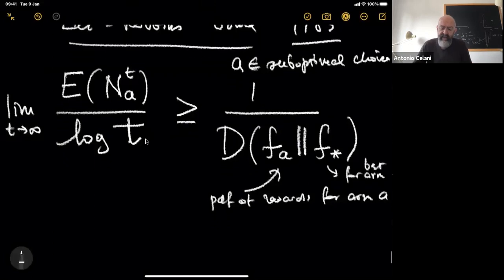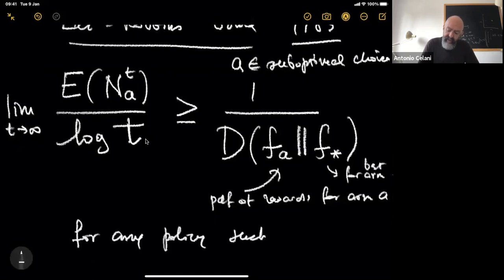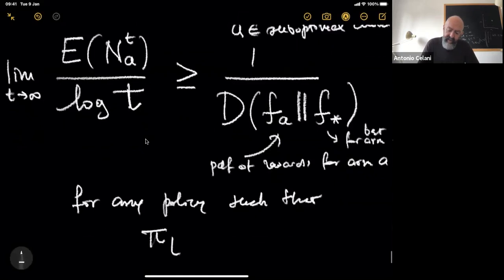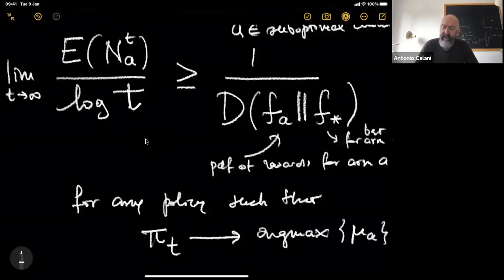This condition must be met for any policy such that the policy pi t asymptotically gets the argmax of the true values.